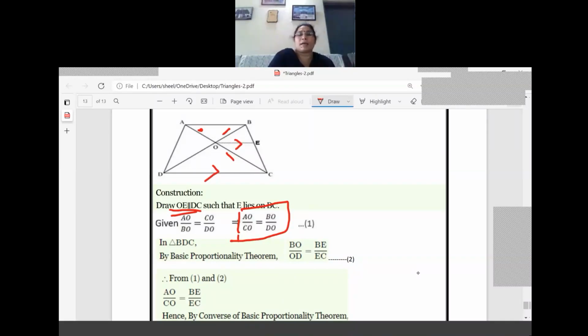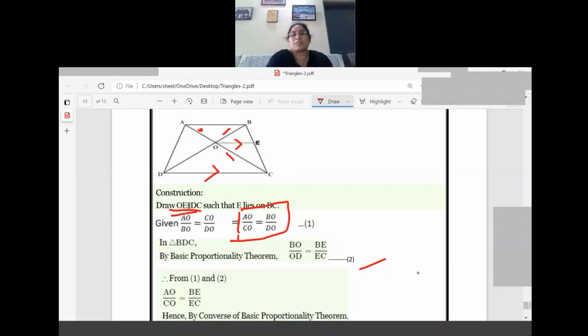Then what can we write there? BO by OD equals BE by EC, right? So here we have got BO by OD equals BE by EC, the second equation.